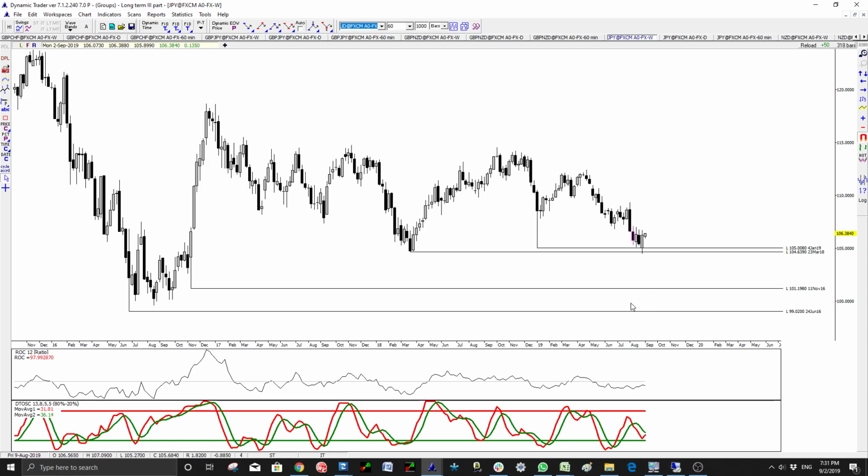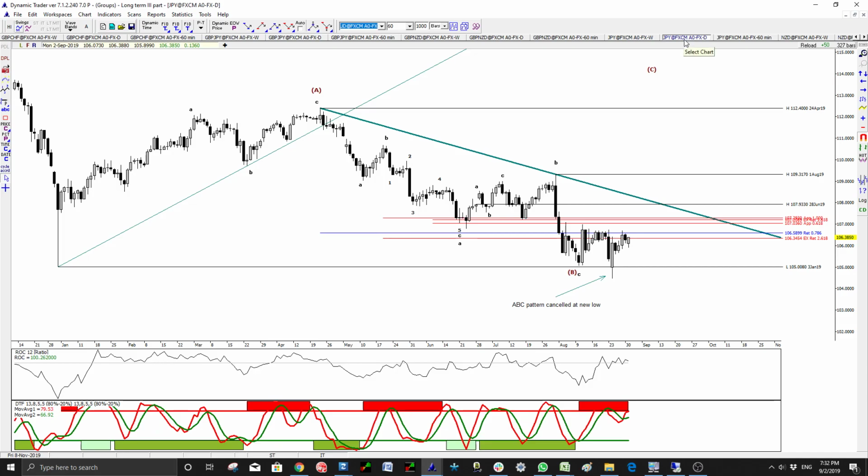So this zone would be the next support for the shorts. On the daily chart, I had in mind an A, B, and C, but it made a new low, so the ABC pattern is cancelled. I'm looking forward to getting more data on this one, maybe changing the count and seeing what happens.